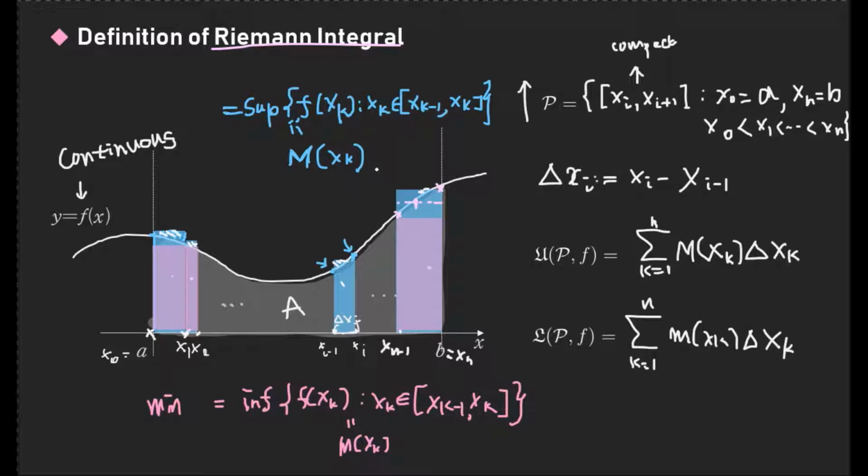Then we find the upper sum and the lower sum for each part. But there is clearly a gap from the area we want to get.